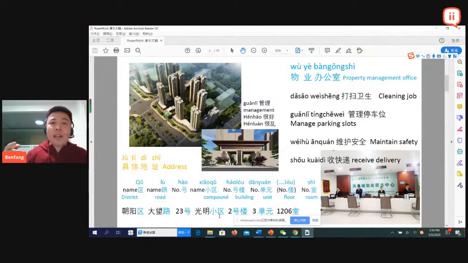Normally we give the name as number one tall building, number two tall building, number three tall building.